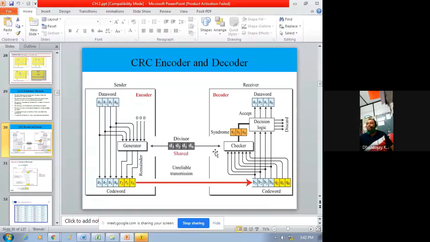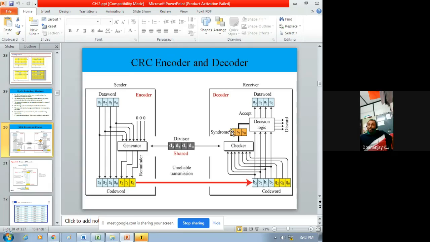Then it will be transmitted. Then the checker will do the exact reverse of what has been done at the generator, and if we get the output 000, which is the number of zeros added at the encoder side, and the same syndrome we get at the decoder side, we say that no error occurred in the data which has been transmitted.